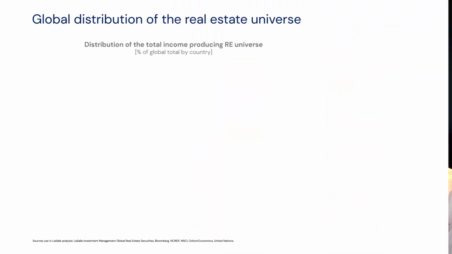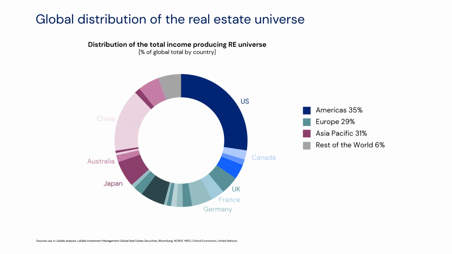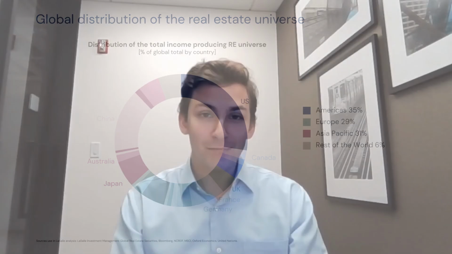Yeah, so roughly 1/3 of the total universe is comprised by each region of North America, Europe, and Asia Pacific. But it's still largely dominated by a few big countries, with about the top 8 countries making up about 70% of the real estate investable universe.